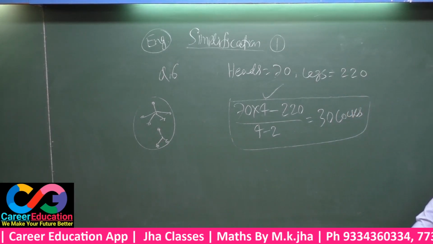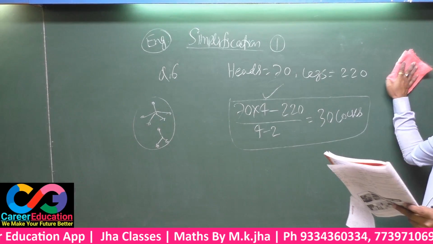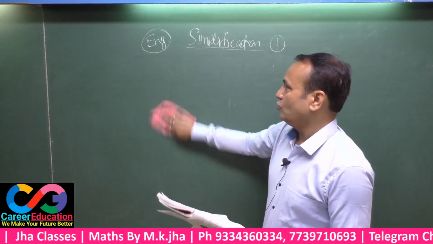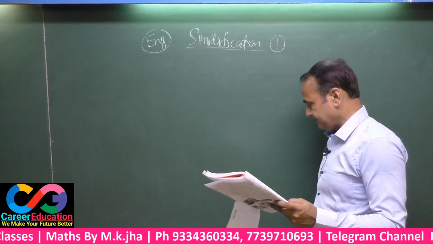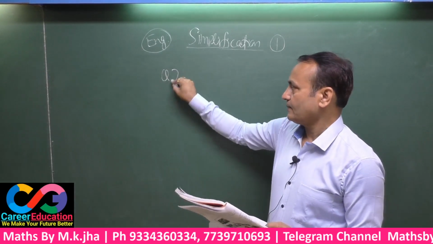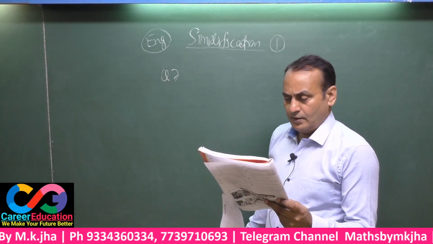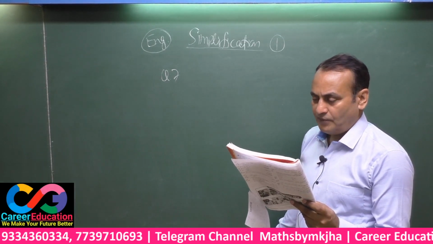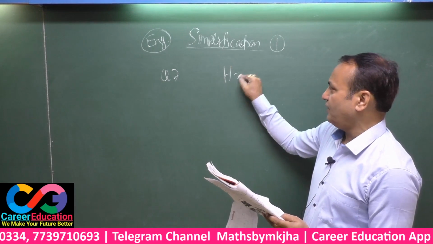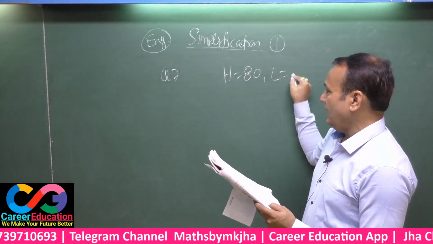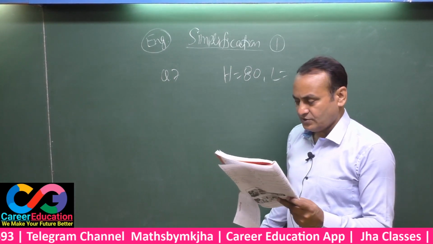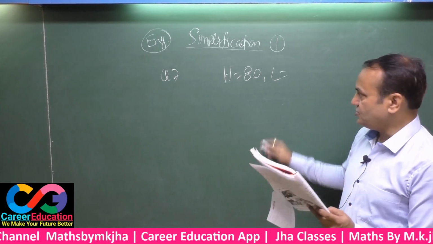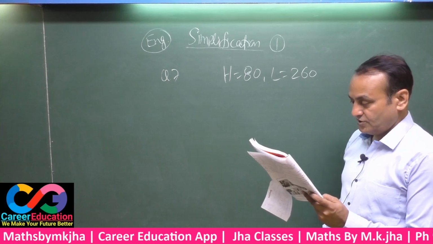Now come to question number 7. In a group there are some cows and some cocks. Total number of heads is 80, and total number of legs is 260.